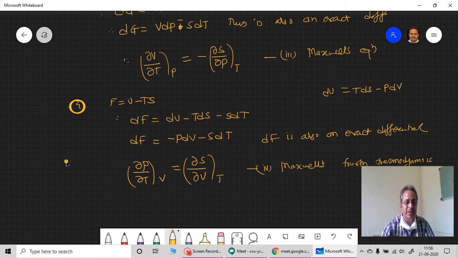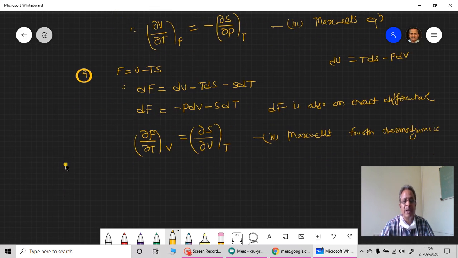And the second problem we have seen is the derivation of the Maxwell's thermodynamic relations, wherein we use the concept of the exact differential and the relations for enthalpy, entropy, Gibbs free energy and Helmholtz free energy. All these four relations can be derived very easily.